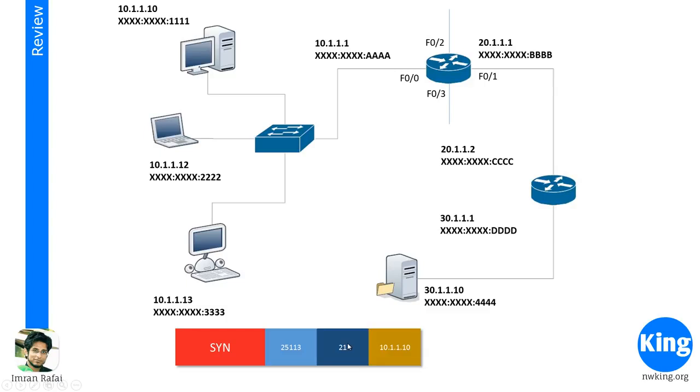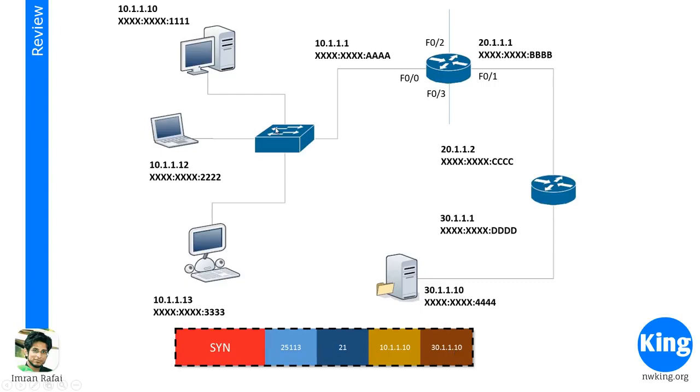Then the next information it puts there is layer 3 information: the source IP address, 10.1.1.10, and the destination IP address, 30.1.1.10. Now this data does not change until it reaches the end, until it reaches this device.